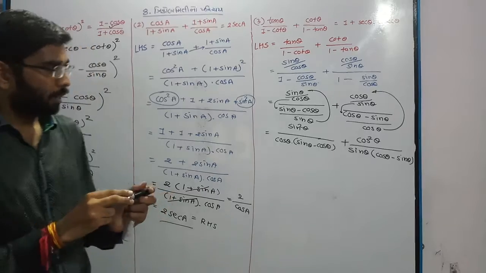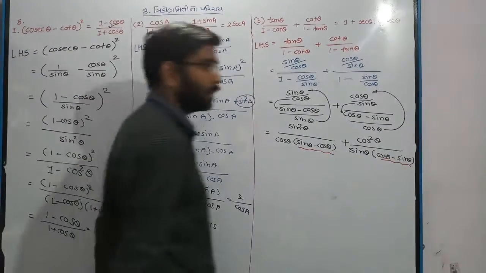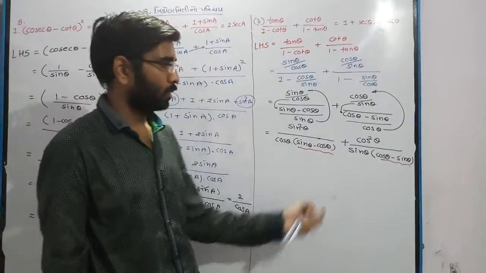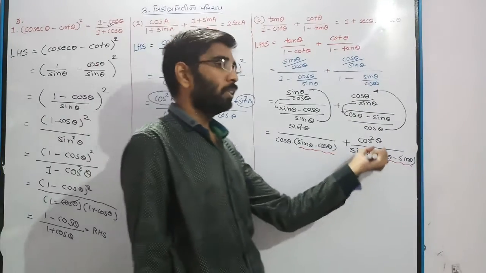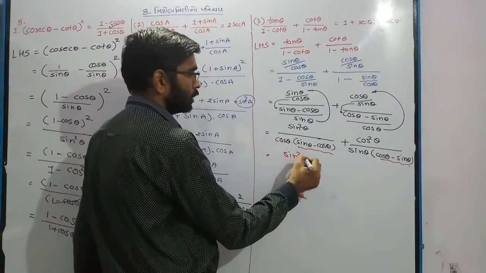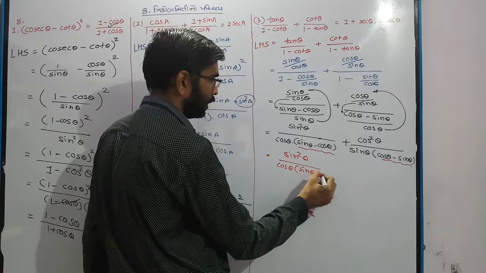Here we can see that the brackets have sin and cos, but the sign is opposite. So in the second term we take the minus sign common. It is sin square theta upon cos theta in the bracket sin theta minus cos theta.